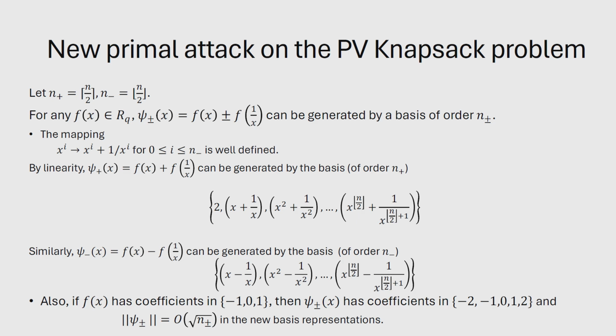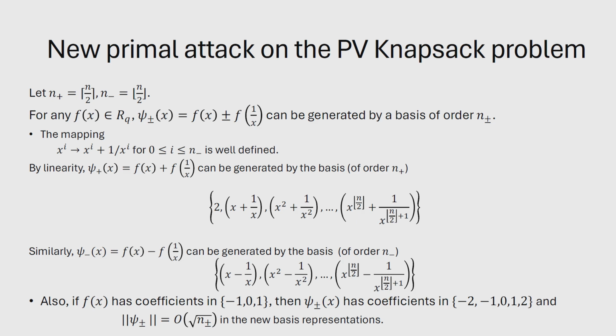This is because the mapping x to the power i to x to the power i plus x to the power minus i in the interval 0 to n minus is well defined. Then by linearity, we can generate two different bases to generate psi plus and psi minus of approximately half the dimension.